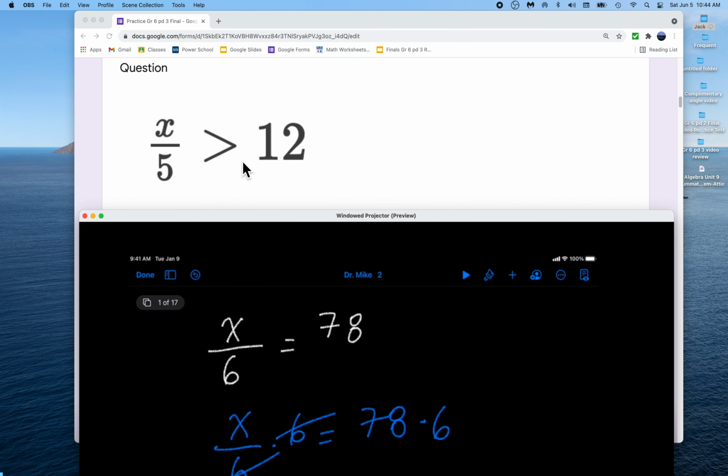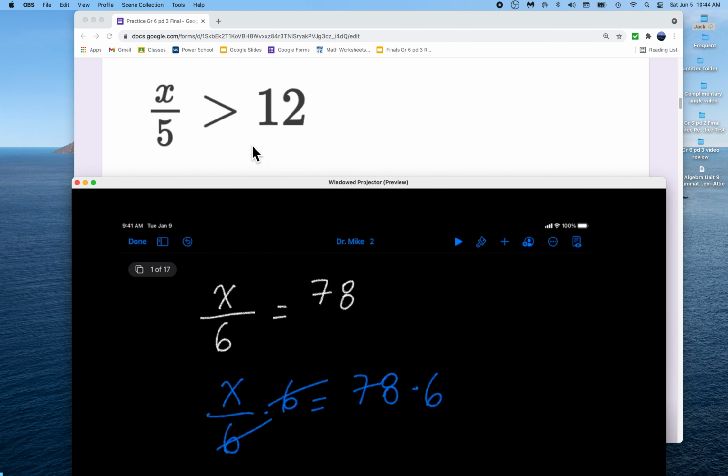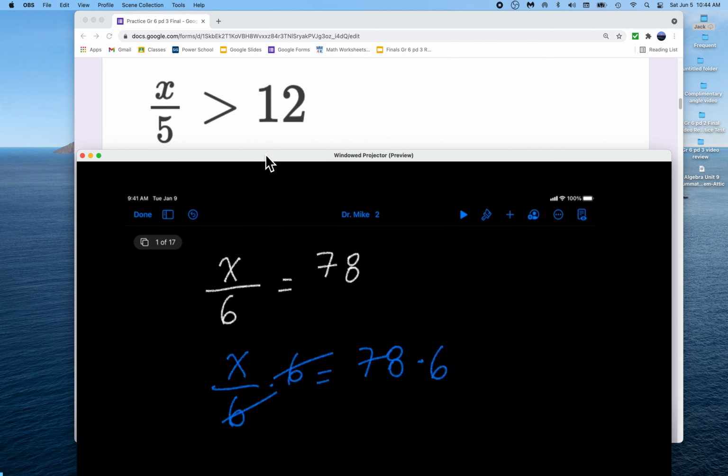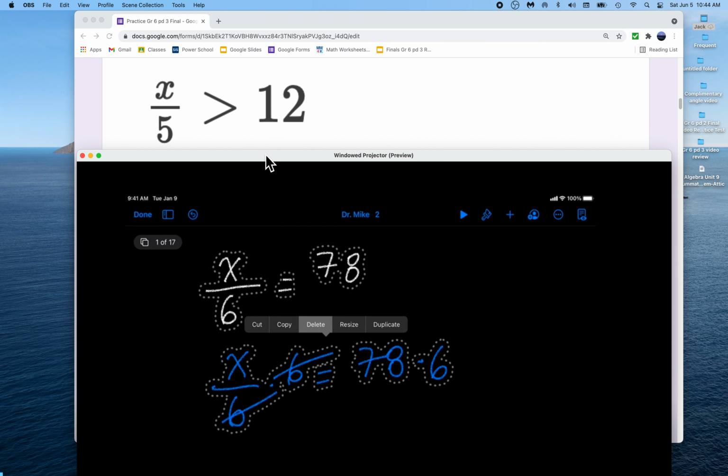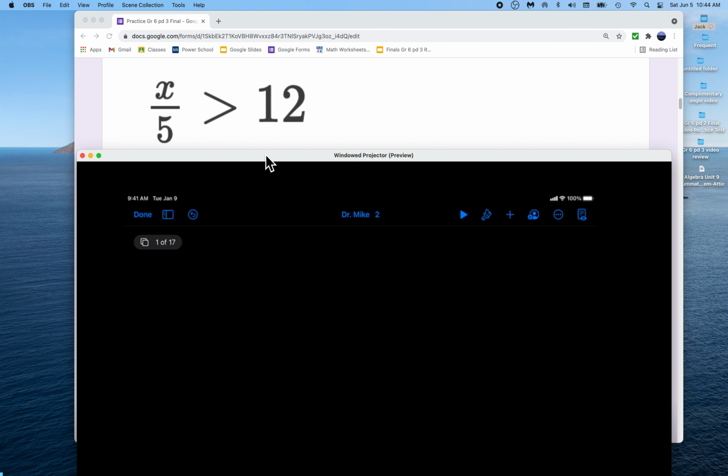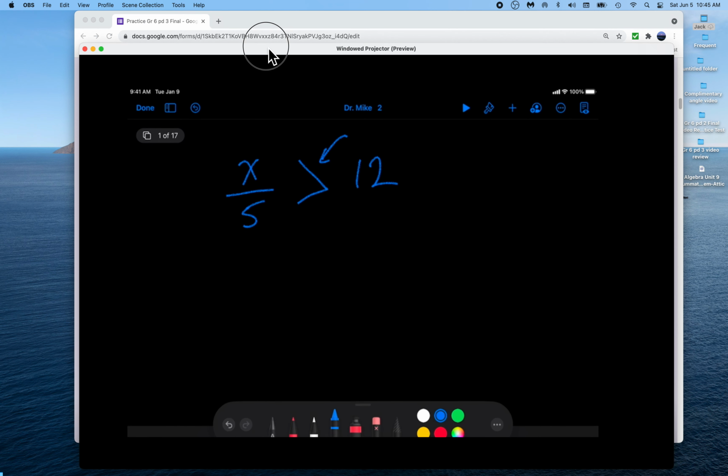Okay, let's move on. Here we have an inequality. We're going to follow the same rules, but we have to be cognizant of one thing, and that is, if we end up multiplying or dividing by a negative number in our pursuit to isolate x, we have to flip the direction of that sign. So let's talk about that. This particular problem, you recognize that x is not by itself.